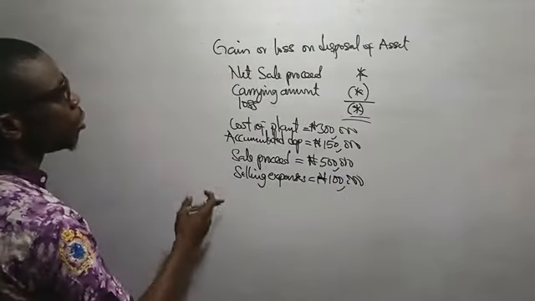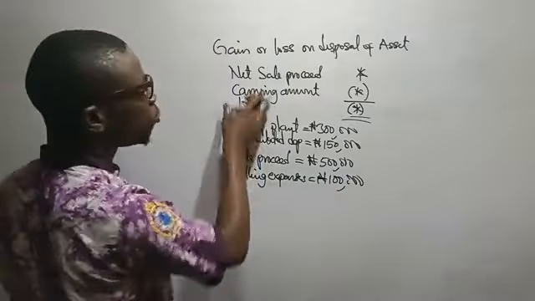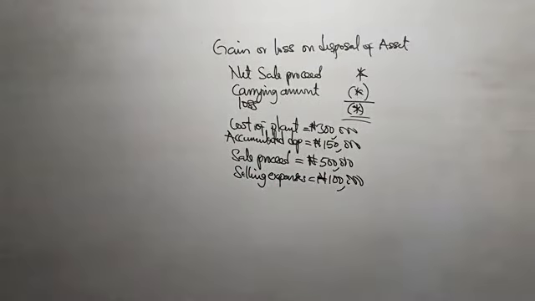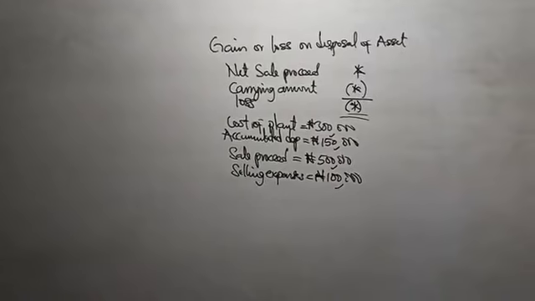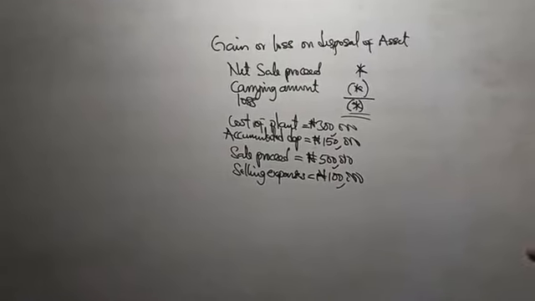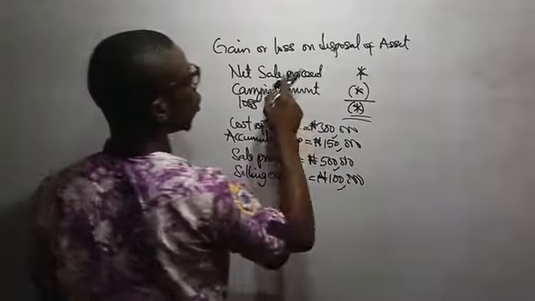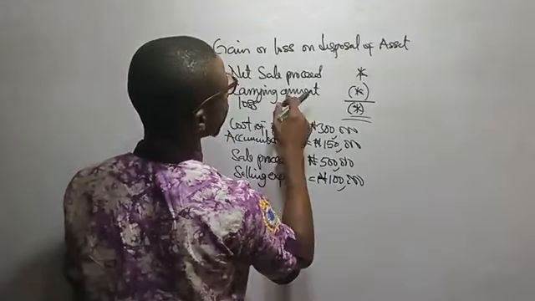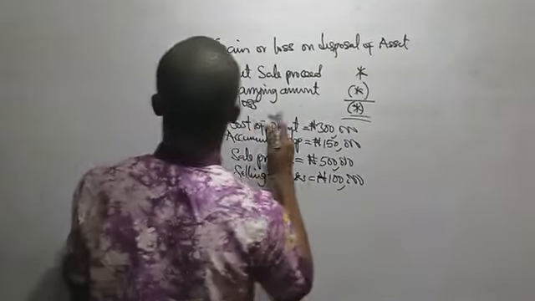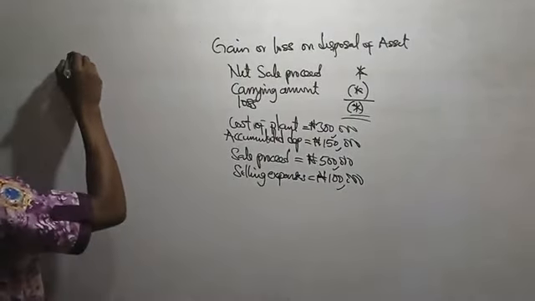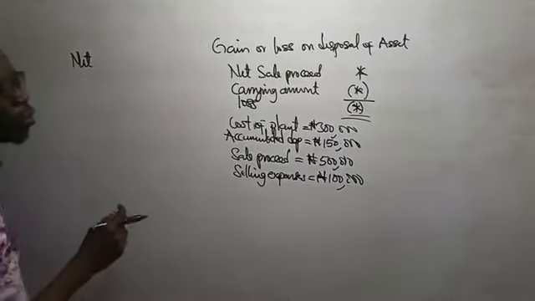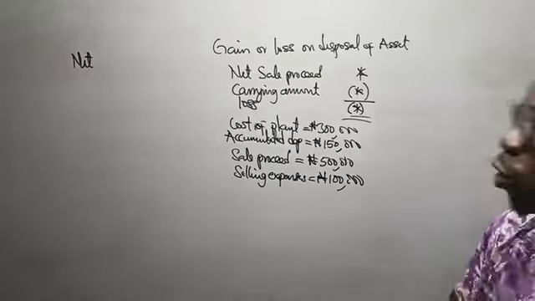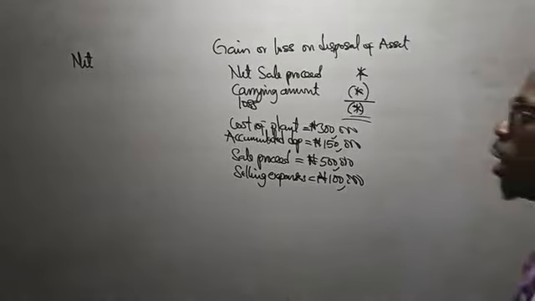Now they say we should calculate the gain or loss on disposal using this format: net sales proceed less carrying amount of the asset. That means we need to calculate the net sales proceed. What do you mean by net sales proceed? It means the amount at which the asset is sold minus the expenses incurred to sell the item.